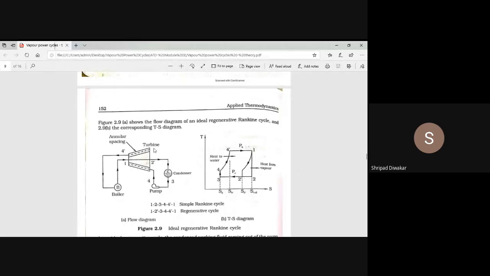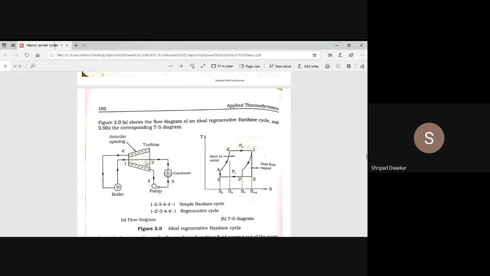So in the steam turbine the steam flows, and in the surrounding tubes water flows; it acts as a heat exchanger. Suppose you provide some space between the turbine and the casing, that acts as an annular spacing where the water flows, so that the water comes in contact with the steam. Whenever the water comes in contact with the steam, there is an exchange of heat, so that the water gets heated.